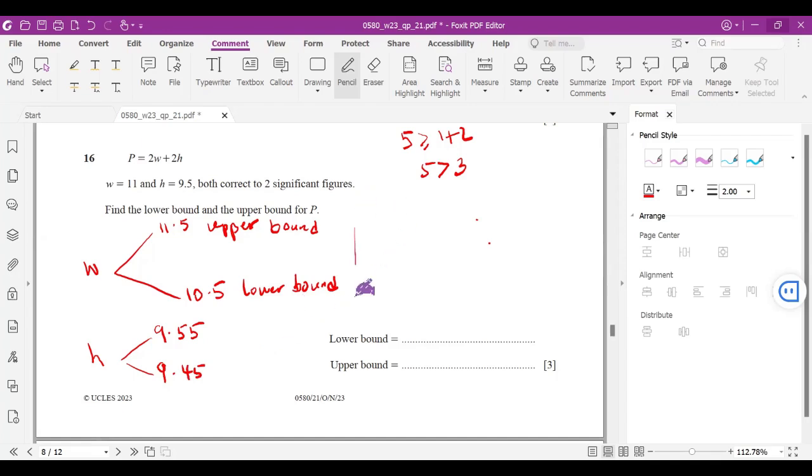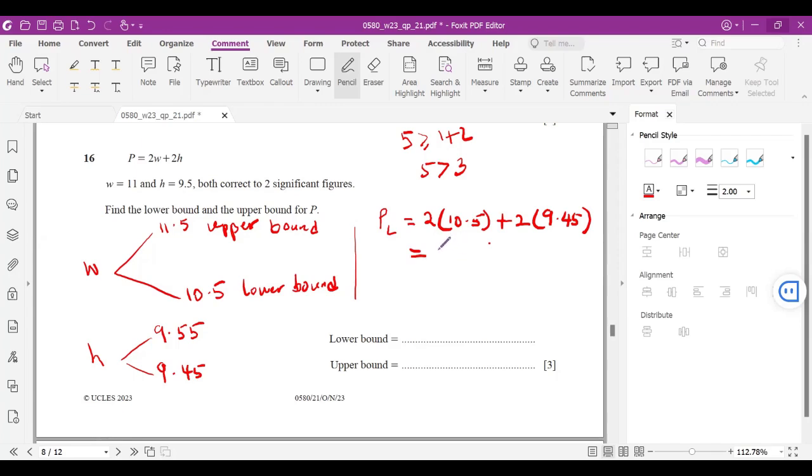Now, with this, we want to find the lower bound and the upper bound of P. So we take P, lower bound. Of course, this is multiplication. So we are going to use the lower bound of W, which is 10.5, and then plus 2 times the lower bound of H, which is 9.45.